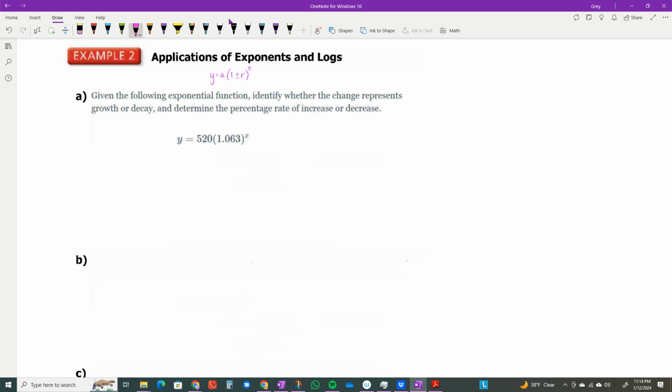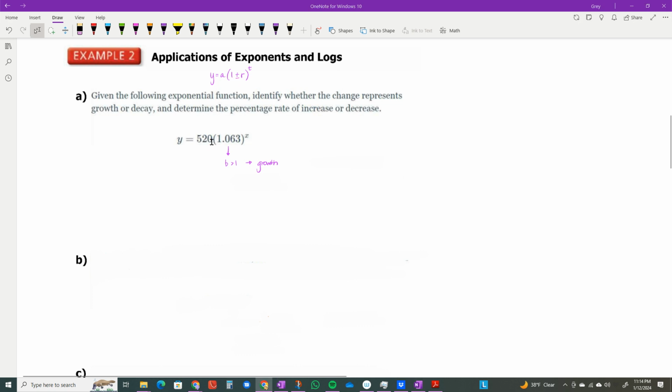So look at this first one. Given the following exponential function, identify whether the change represents growth or decay and determine the percentage rate of increase or decrease. So when you look at 1.063, y'all know that that is clearly larger than 1, and since it's larger than 1, it has to be growth. So how do I find out what that growth is? If it's bigger than 1, it's growth.